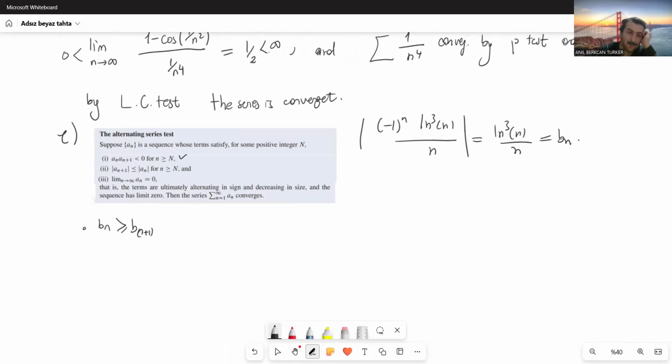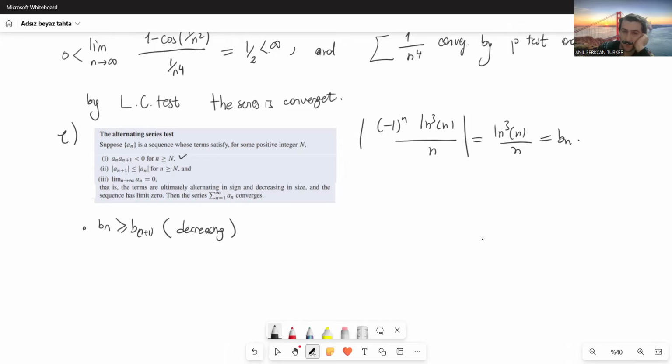So, decreasing. One way to show it is to go to the continuous parameter, the x variable, and take the derivative.